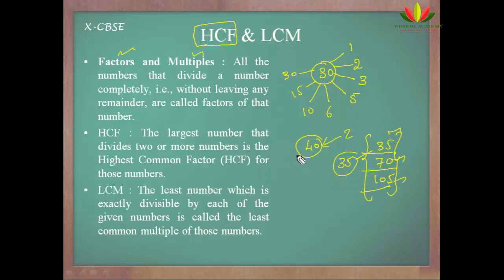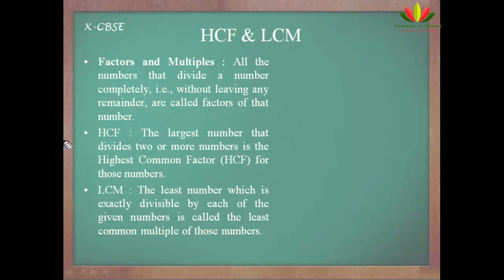Now what HCF means: HCF is highest common factor. If I am given two numbers, let them be 35 and 15, highest common factor means it should be a factor, right?